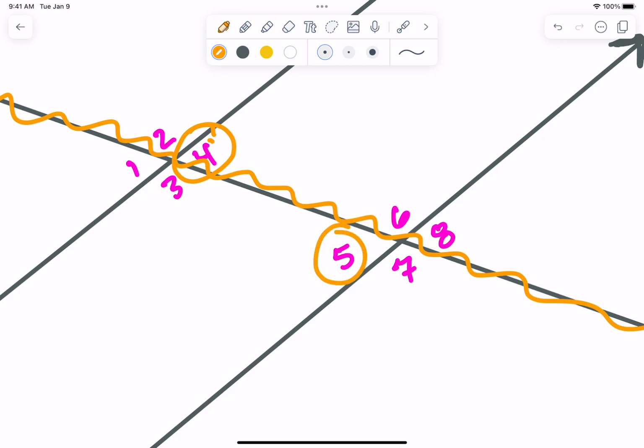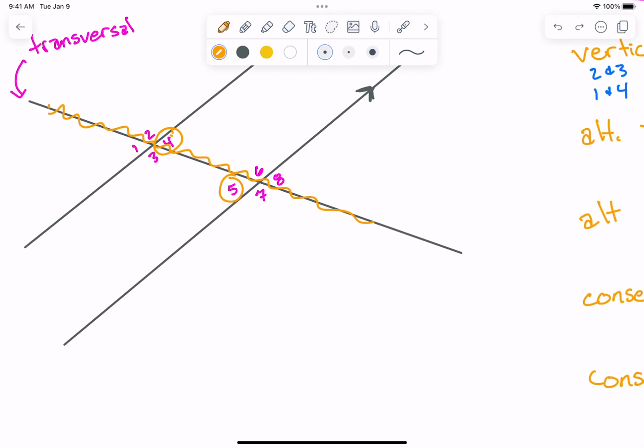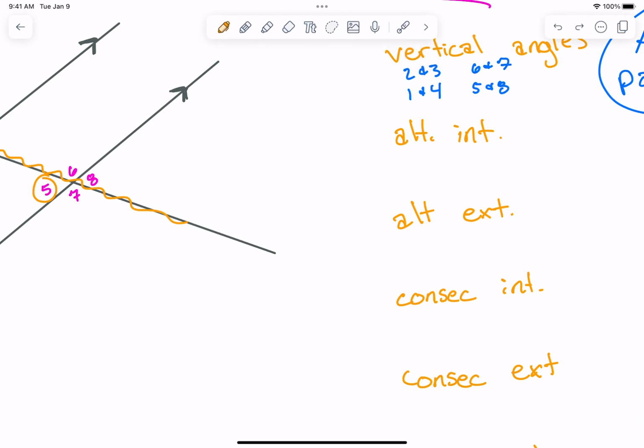So one of them is on this side, one of them is on this side, alternate. And then interior means they're on the inside of the pane, right? So 4 and 5, and what's the other pair? 6 and what? 3. 6 and 3. 4 and 5 and 6 and 3. Those are alternate interior.